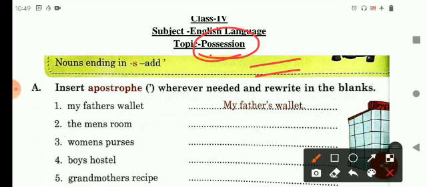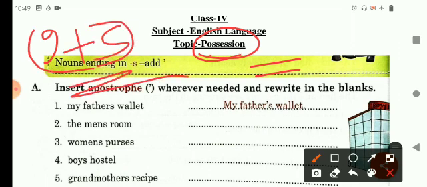When we want to say that something belongs to someone, we denote it with the help of the apostrophe symbol, adding s to it. This is called possession. Possession means something belongs to someone, and it is denoted with the apostrophe symbol adding s to the noun.